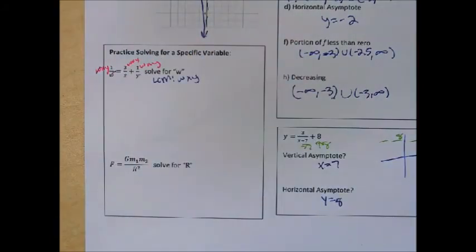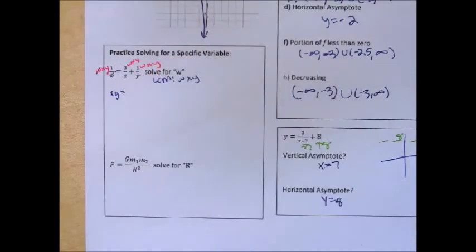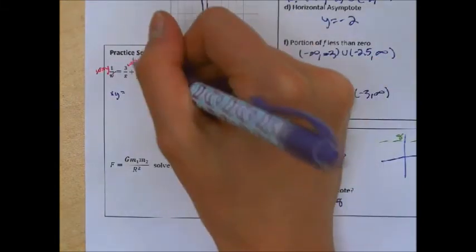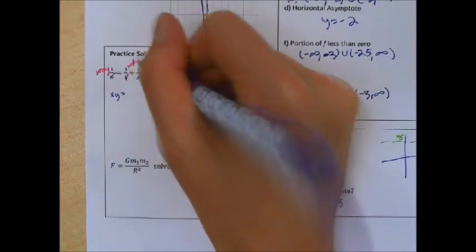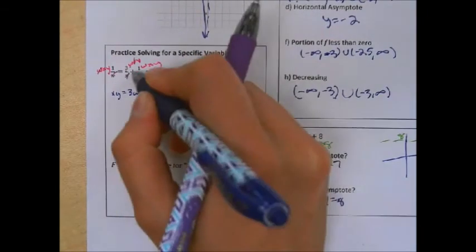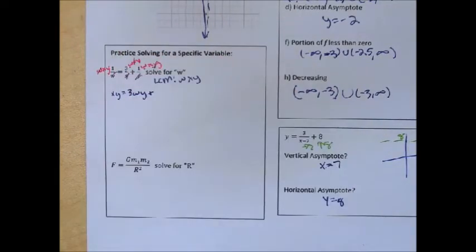And I get XY times 1. Here X's cross out. So I get 3WY plus, here Y's cross out, so I get WX.